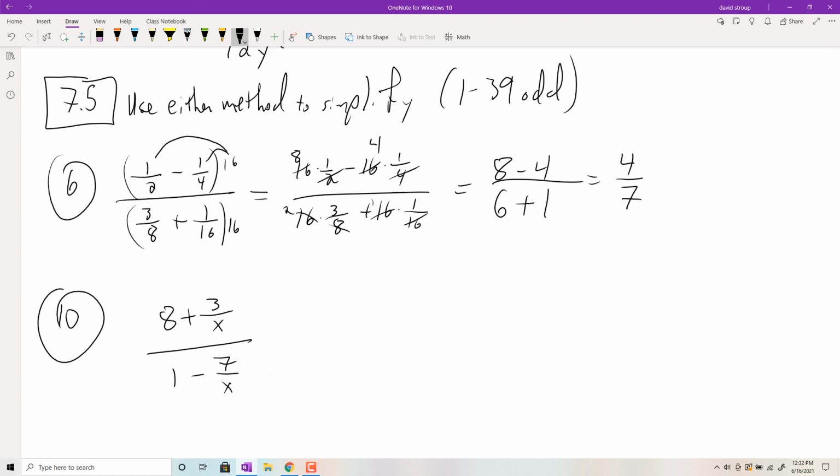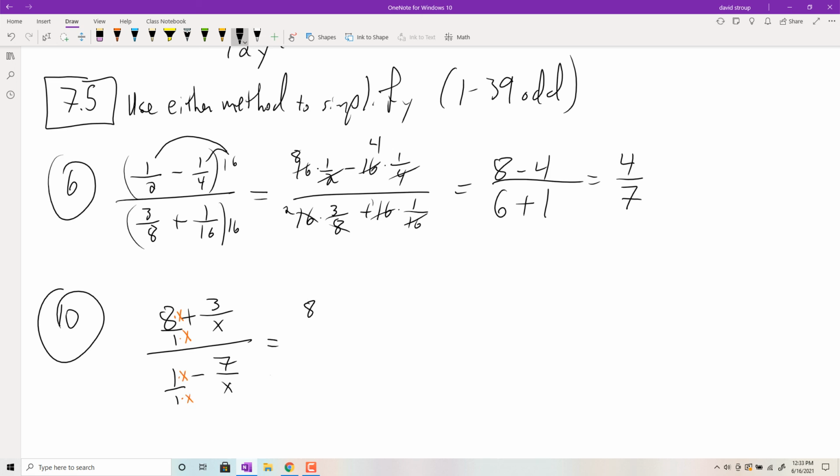Okay, so first thing I'll do is rewrite 8 as a fraction. 8 is the same as 8 over 1, and I'll do the same thing for this 1 in the denominator. Then common denominator, right? So the 8 over 1, I needed a factor of x in its denominator, and likewise for the 1 over 1 in the denominator. So I need an x there and there.